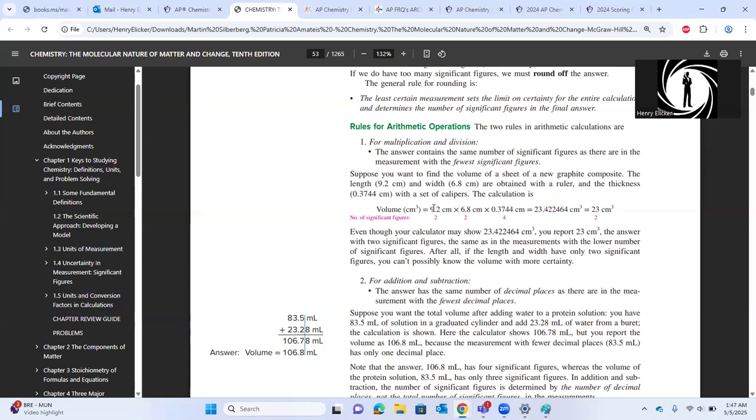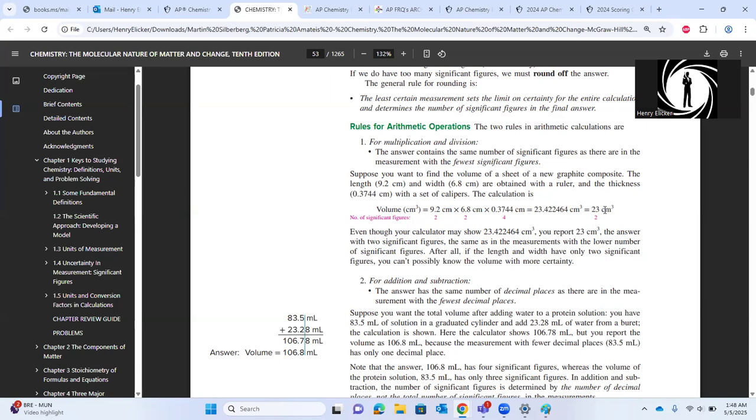So we need to use the smallest number of sig figs. 9.2 is 2, 6.8 is 2, and 0.3744 is 4. And remember, we don't count the zero in the front. So we're going to go with the smallest number, which is 2. Therefore, you're going to round 23.422464 to 23 because that's 2 sig figs. So basically, we cut off all this because it's not known, it's not significant.